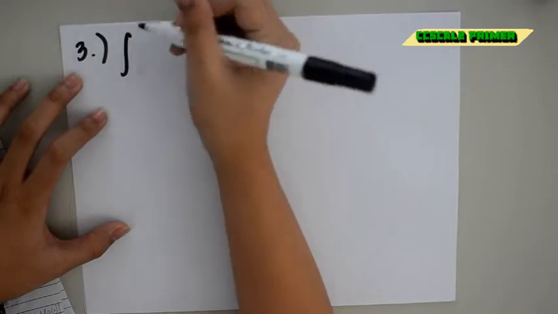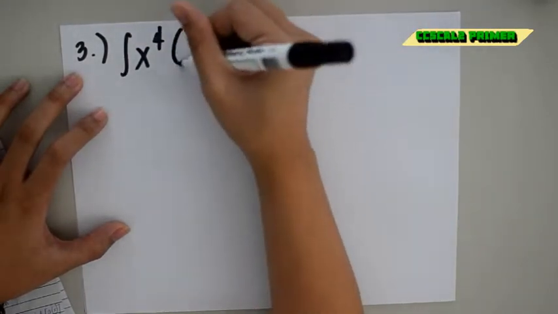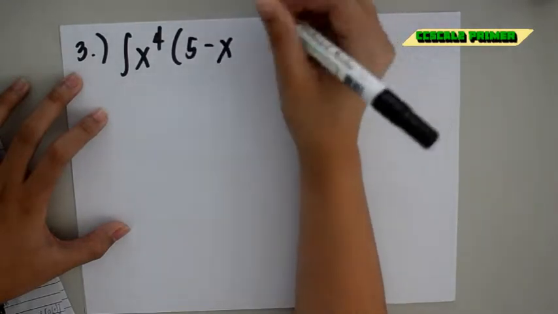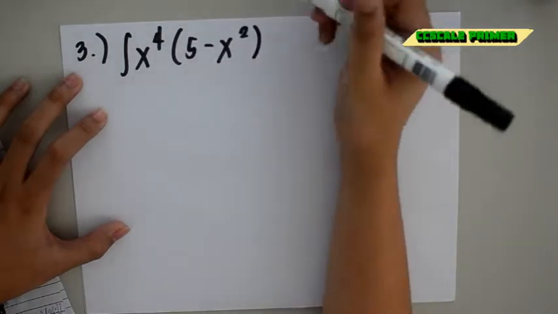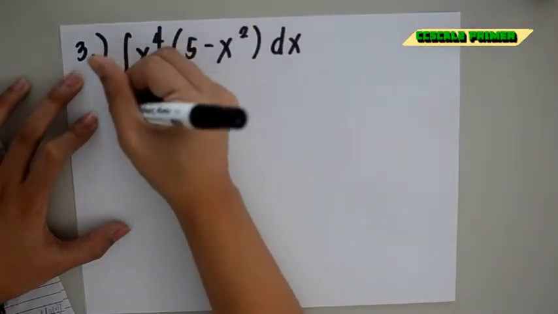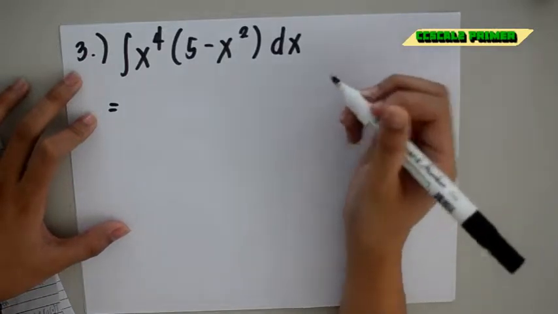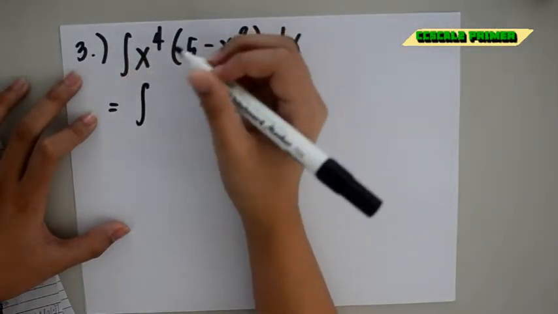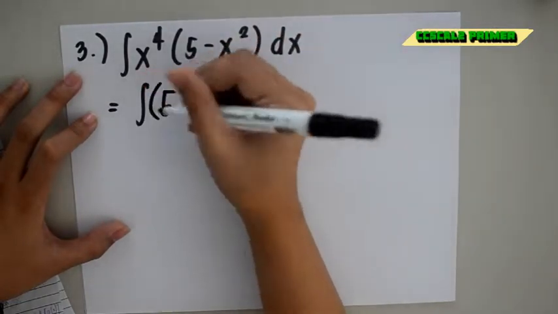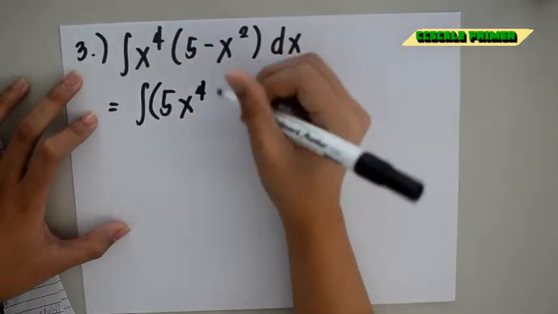For our third example, we find the antiderivative of x to the 4th times the quantity 5 minus x squared dx. The first step to solve this problem is to distribute x raised to the 4th to 5 minus x squared.